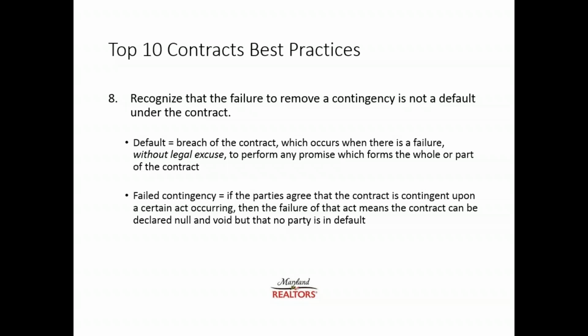The buyer's done everything they're supposed to do under the buyer responsibility provision and under the financing contingency. Once they get that notification from the lender that their financing has been denied, they can submit a notice of termination with a denial letter from the lender. They're not in default. They simply weren't able to remove the contingency.